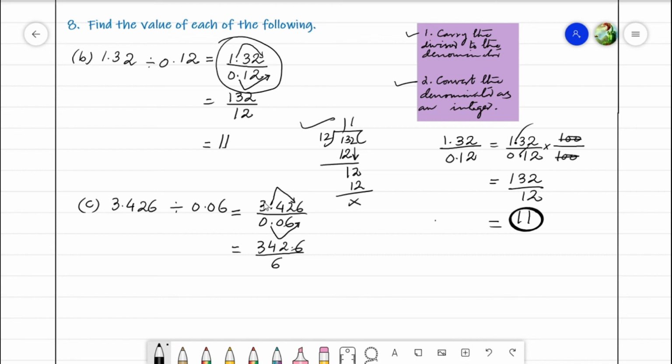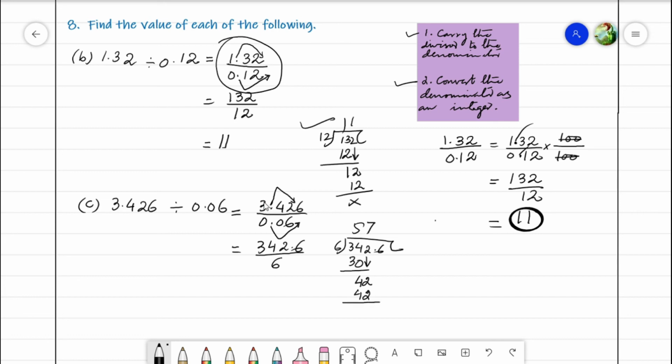Now I will divide both of them. What would it be? 342.6 and 6: 6 fives are 30 and 4 will be the remainder. 2 will go down. This is 6 sevens are 42 and there would be no remainder.